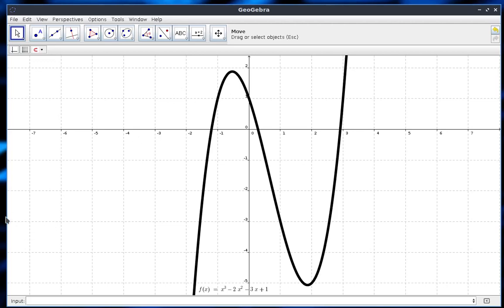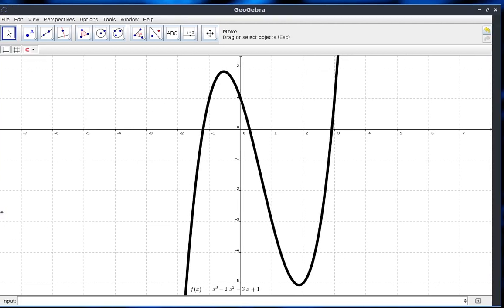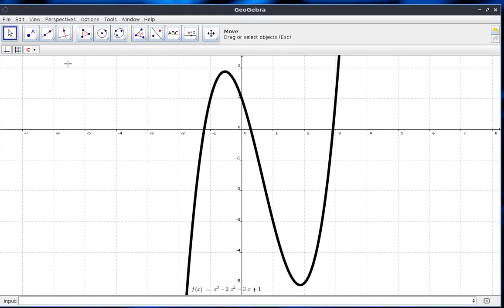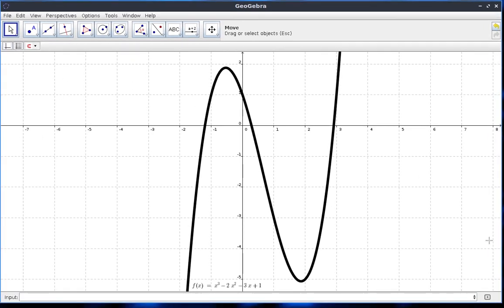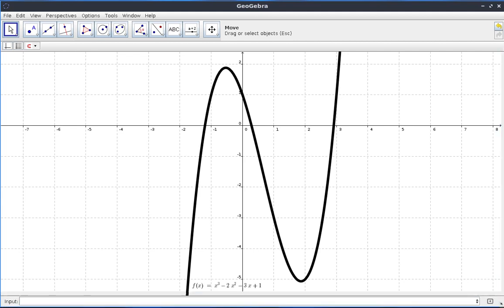Now, let us see how we can try and remember why it is that when the second derivative of the function has a negative value, we have a maximum point, and when it has a positive value, we have a minimum point.